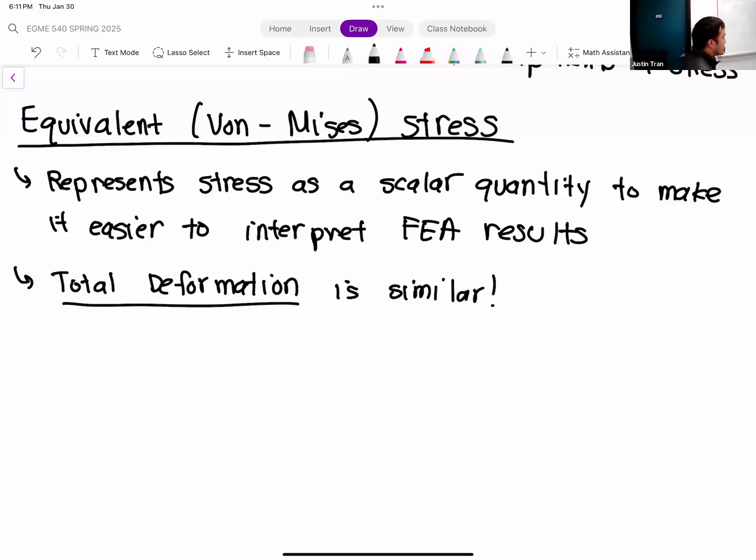Total deformation is a little easier to visualize because mostly everyone learns about vector quantities when going through their education, right? One thing you can do with a vector is find the magnitude of the vector, or the length of the vector. So deformation is a vector quantity, and so it has components in x, y, and z directions.